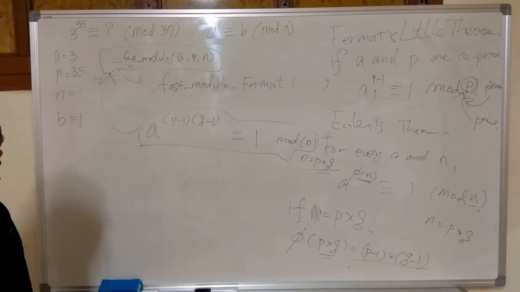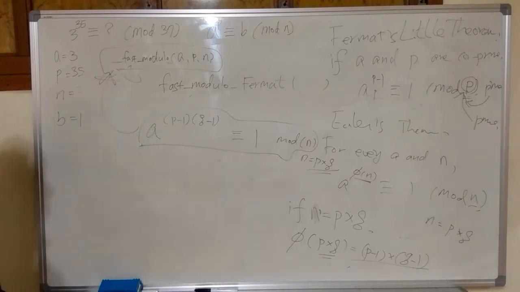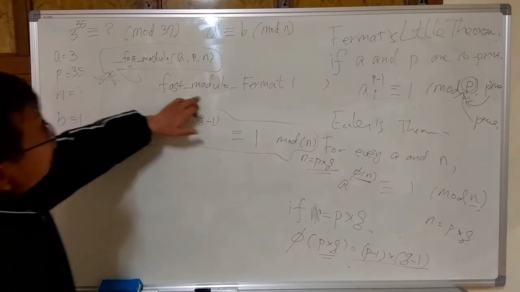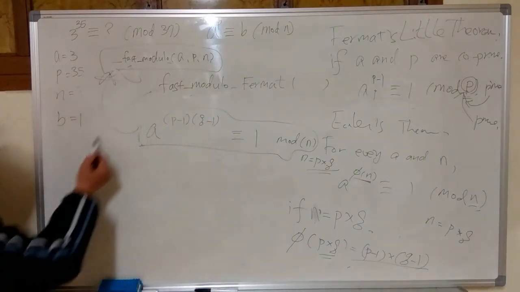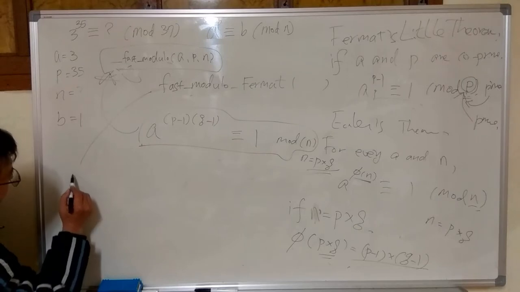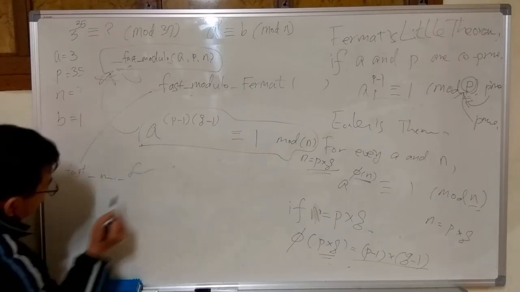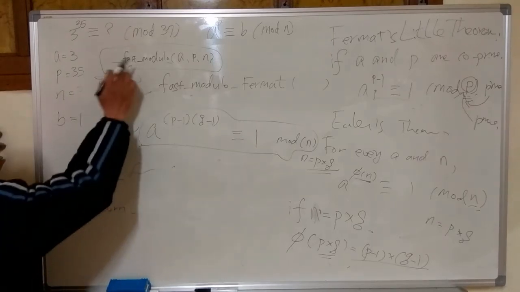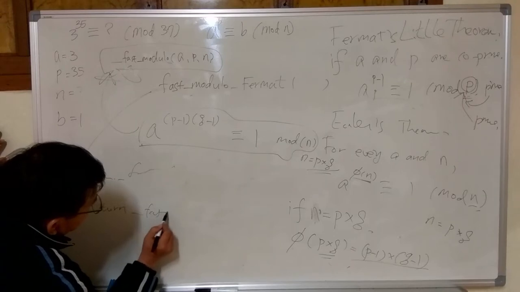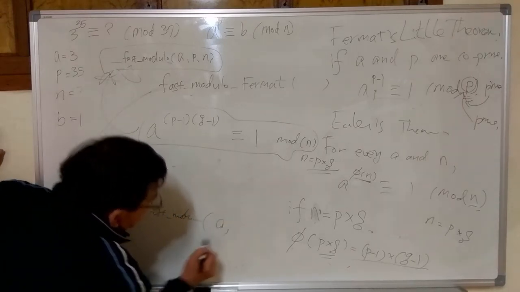Okay? How? It's easy. If you remember, when we used the Fermat function, we implemented it like this: Fast Modular Fermat, return, calling Fast Modulo. Here, A is the same.